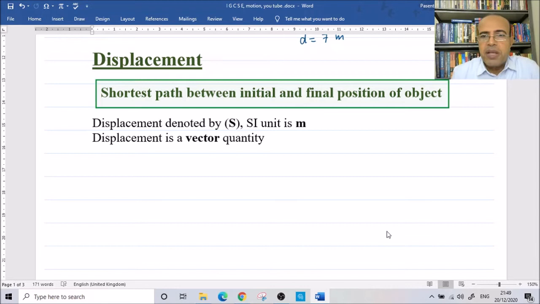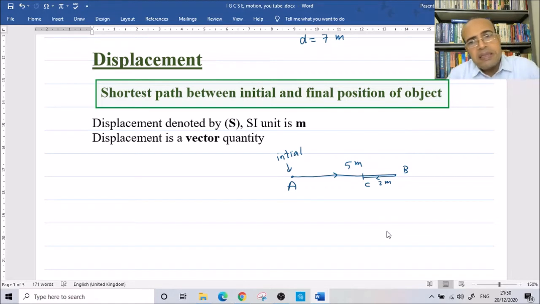For example, if the object starts at A, this is the point A, so this is the initial position, and goes to the right to the point B, 5 meter, and then returns back to the point C, which is 2 meter.